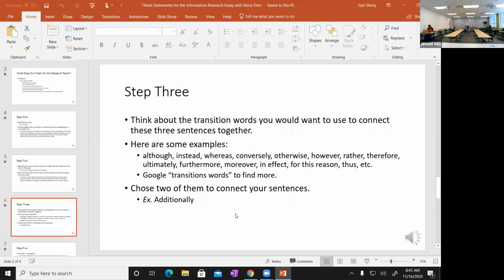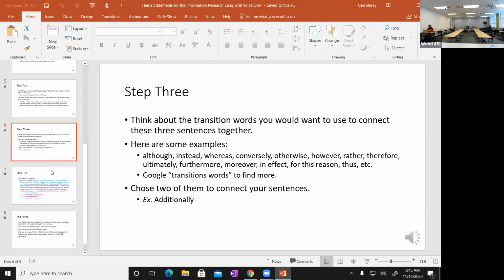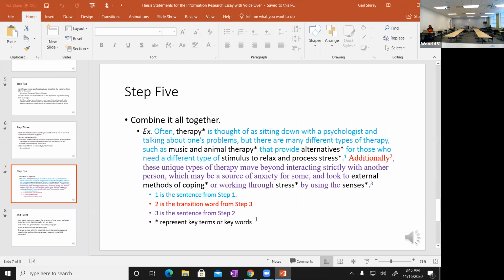Therefore, 2 transitions at the beginning of each of sentence 2 and sentence 3. And then the final step is basically combining it so that it makes sense and it flows and includes all the elements that I have given you in this PowerPoint.